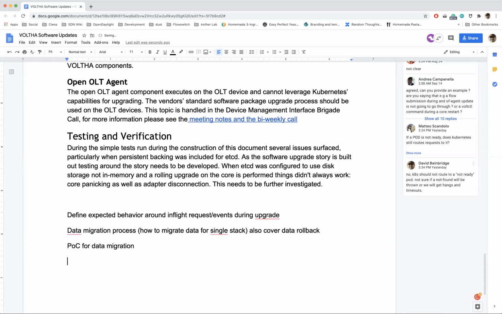Yeah. Also, we need to make sure that if we're going to upgrade a single stack, that the data associated with that stack is only touched by the components in that stack, right? This means that certain branches of the etcd tree may have a different schema version than others, right?